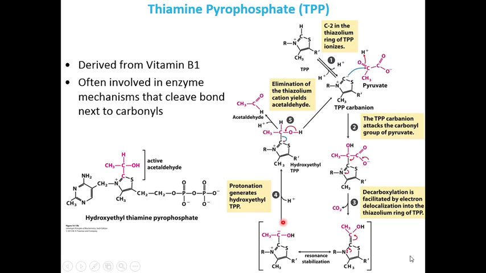Once it is resonance stabilized, it can then abstract a proton, and once the proton is abstracted, this specific OH bond can then move in to get released from TPP, and the product acetaldehyde is then eliminated from the enzyme active site. So this is a typical mechanism for enzymes that use TPP as a cofactor. As you can see, TPP makes an adduct with specific compounds that forms a carbanion and stabilizes it.